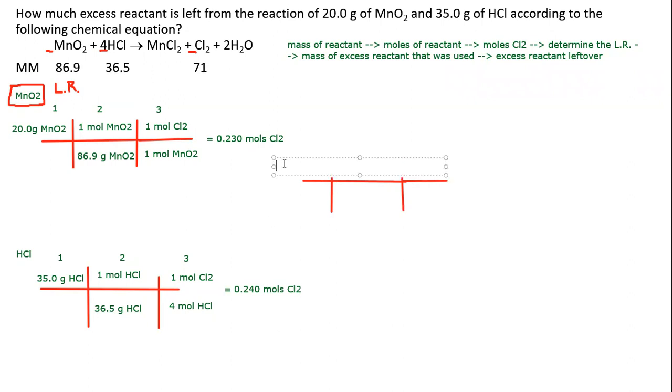Again, we're going to start with 0.230 moles of Cl2. We've got to convert this to moles of HCl because HCl is our excess reactant. So again, we're going to use the mole ratio. So 1 mole Cl2, 4 moles HCl. And then we're going to convert that to mass.